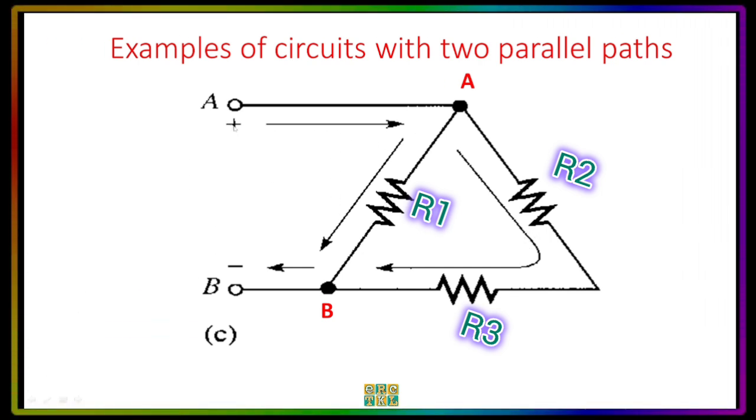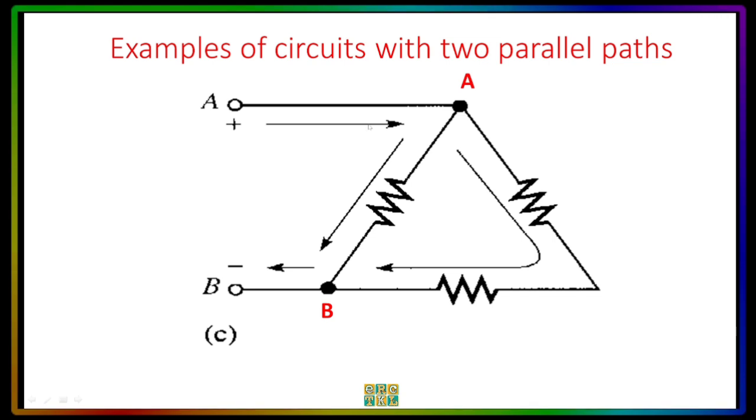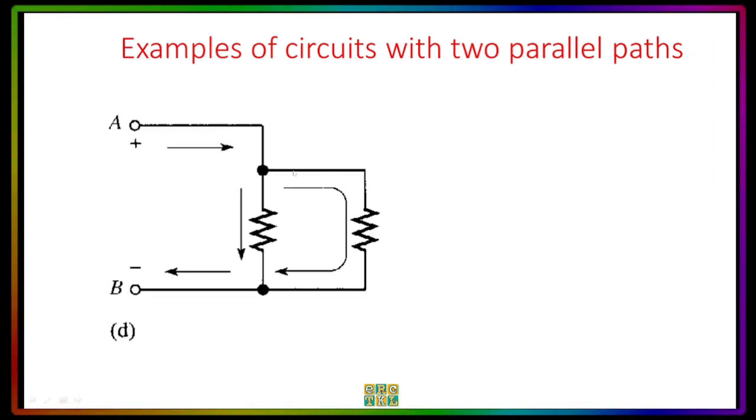But the point here is that the current coming towards node A is divided into two, one going this way and one going that way. So there will be two currents produced by IT. Same with this one. This is still parallel because I total is equal to I1 plus I2.